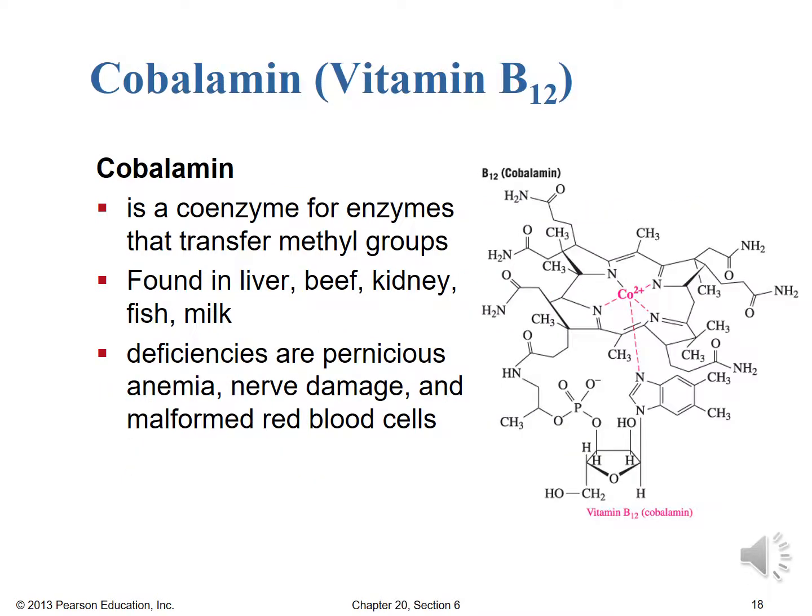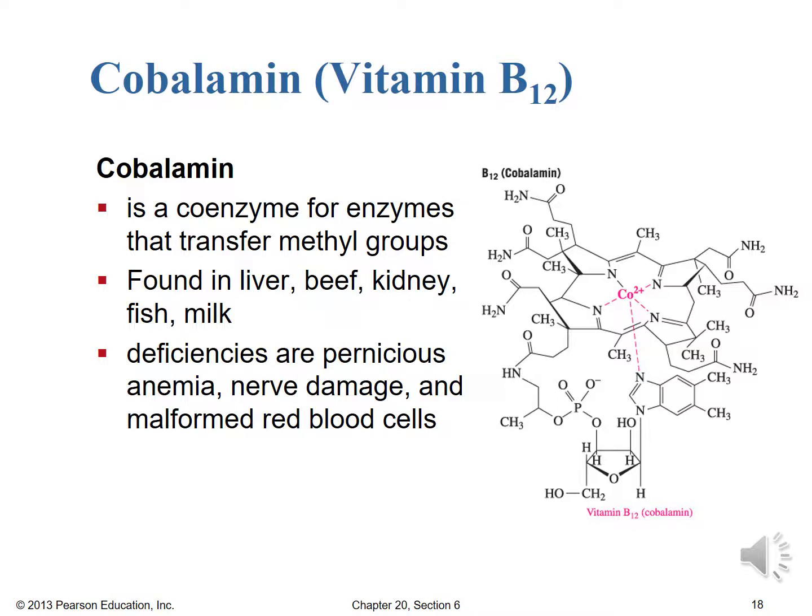And we have cobalamin, vitamin B12, rounding out the B vitamins here. This one is a coenzyme for enzymes that transfer methyl groups. Like many of these, it's found in liver, beef, kidney, fish, milk. As I mentioned, the lacto-ovo individuals should be careful to get sufficient amount from supplementation because they're likely not getting sufficient amounts from their diet.